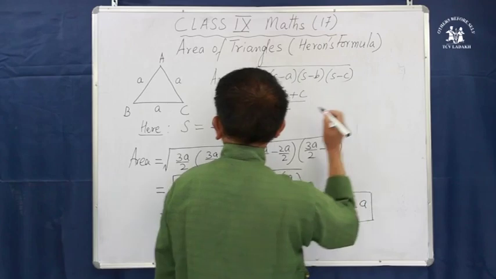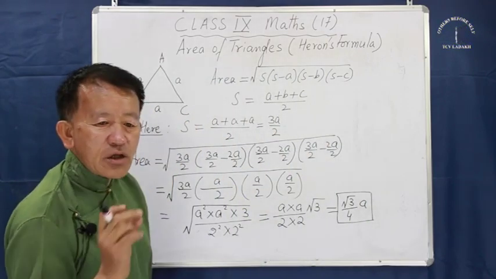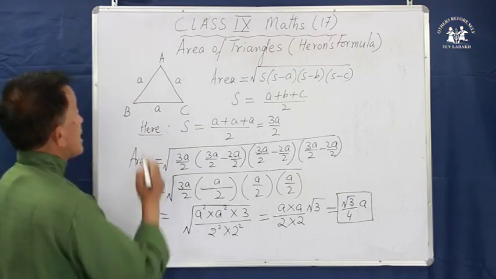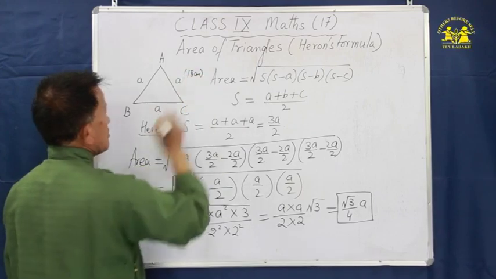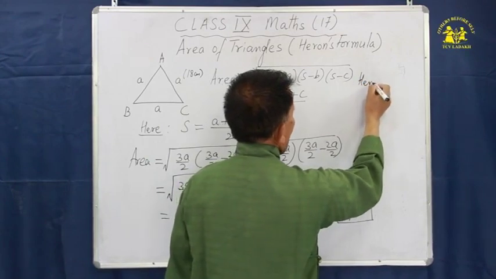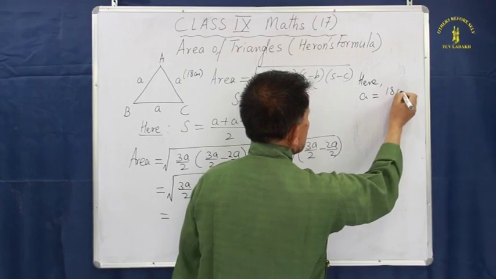So in this equilateral triangle, suppose let us say A is equal to 18 centimeter. So here A is equal to 18 centimeter.